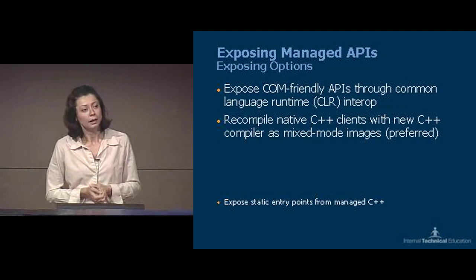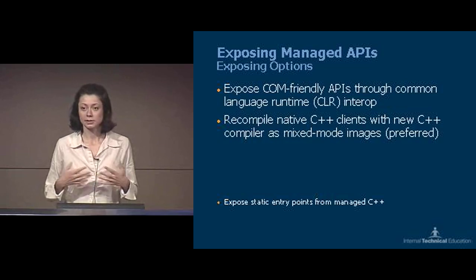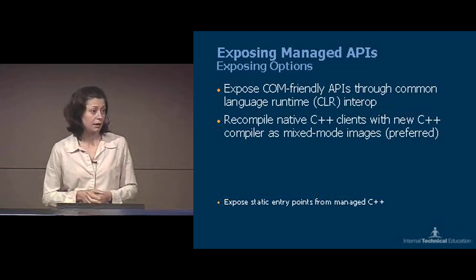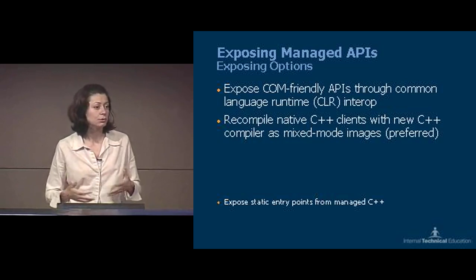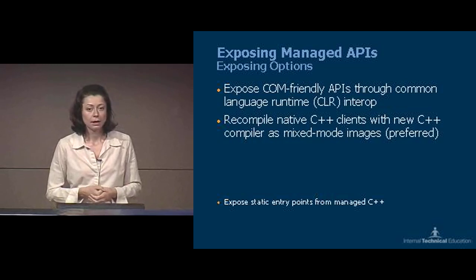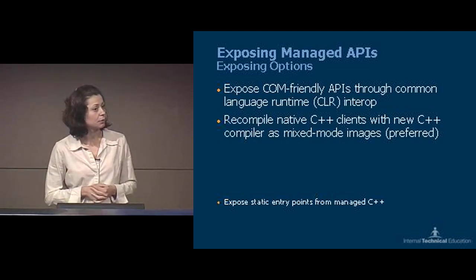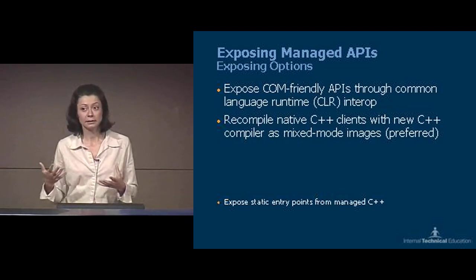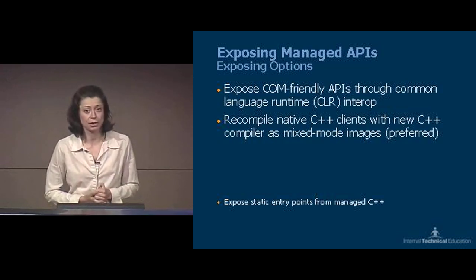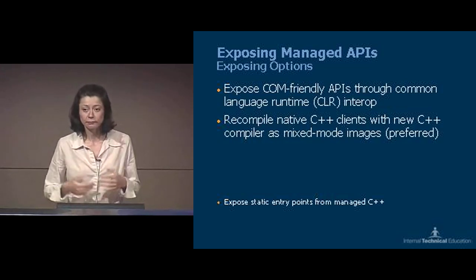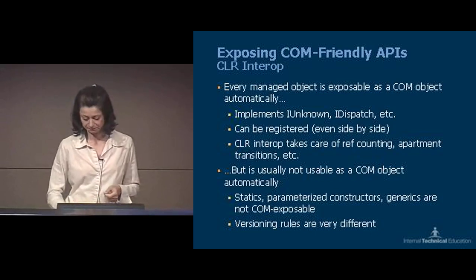Second option, if that's possible, you can decide based on your clients, if they are C++ clients, to recompile them using the new C++ compiler. What's happening when you recompile C++ clients with the new compiler is that from that moment on, they can start using managed APIs directly. So let's explore these two options in a little bit more detail.